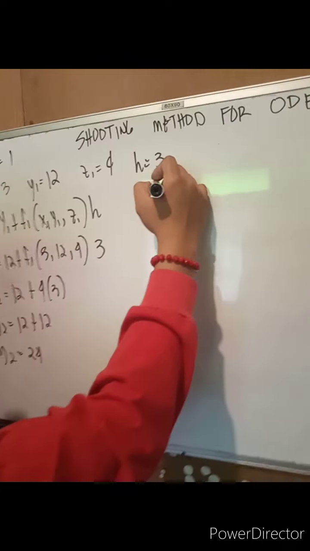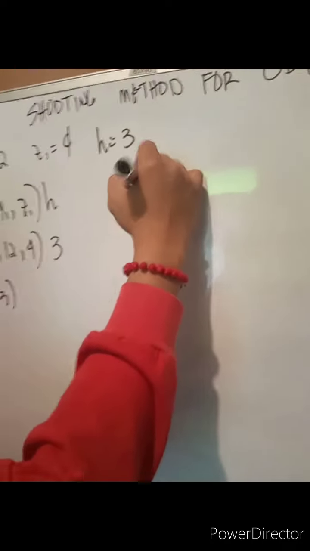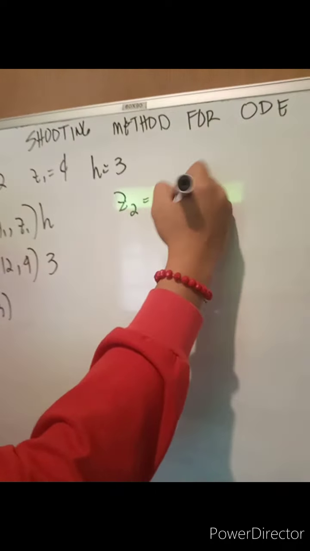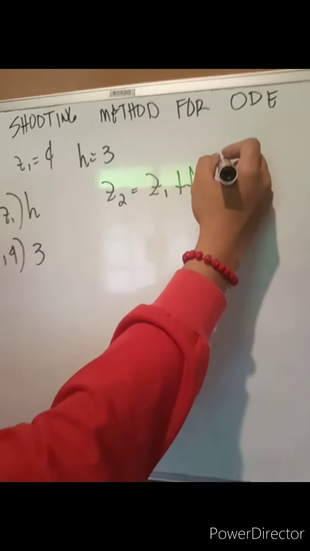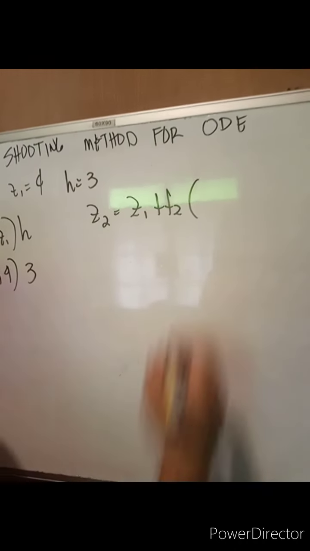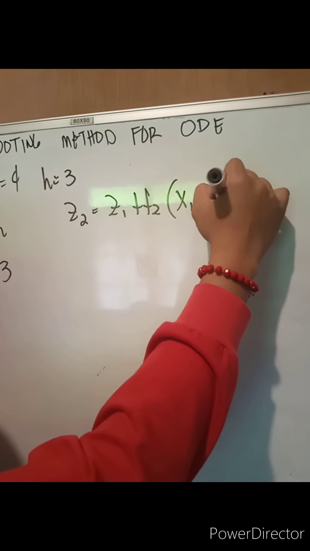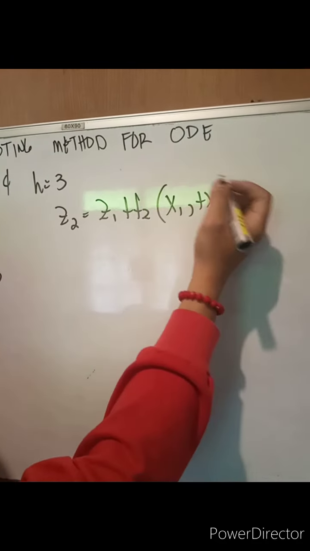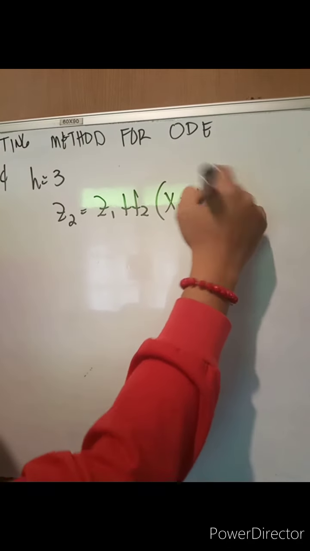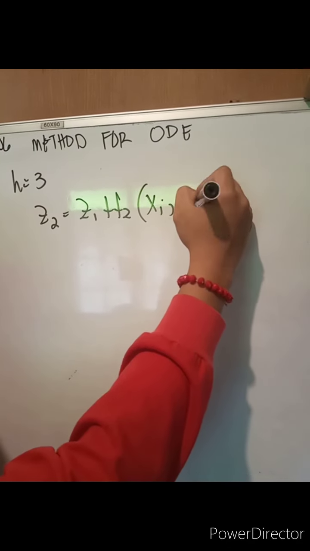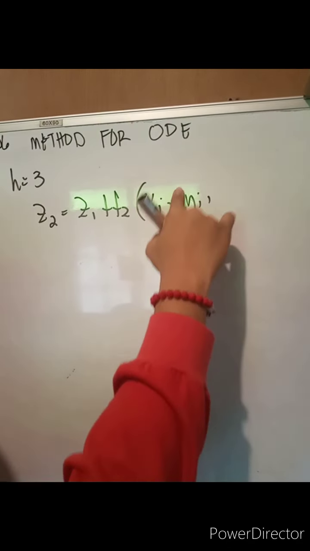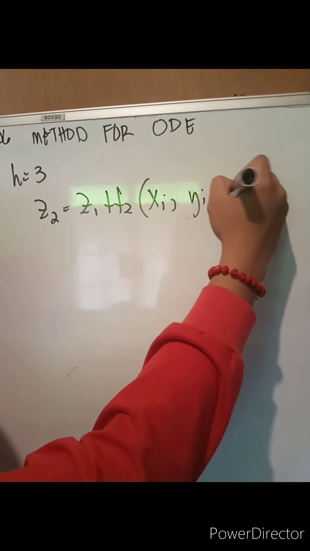Then, yung sa z naman, z sub 2 is equal to z sub 1 plus function ng 2 times (x sub 1, y sub 1, z sub 1) tapos height niya.